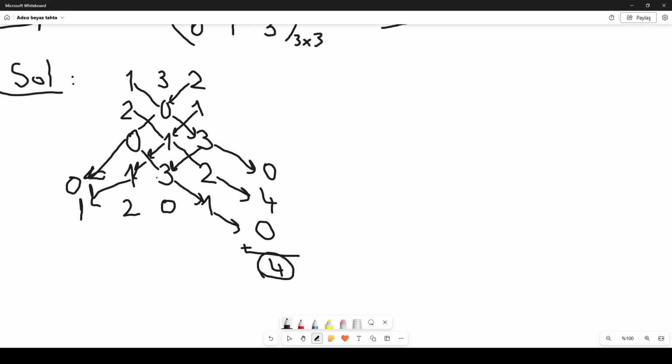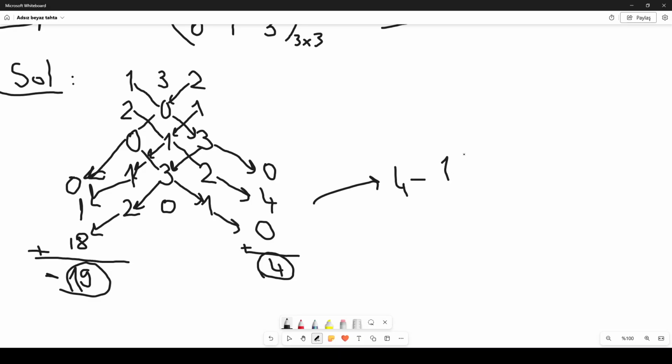And then 3 times 3 times 2, that's equal to 18. Sum these values up, and we have 19: 0 plus 1 plus 18 is equal to 19. And this is the minus part. Put a minus sign here, and the result is 4 minus 19, which is equal to minus 15. And here's the determinant. It is as simple as that.